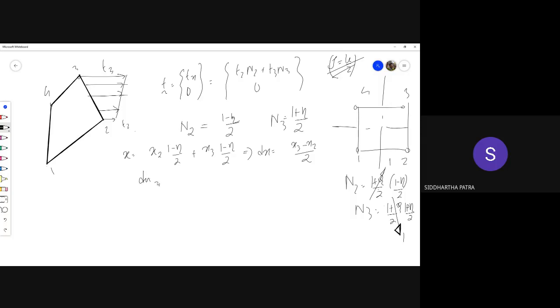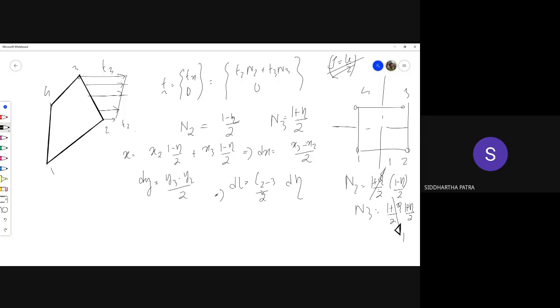Then dy is again (y3 minus y2)/2 d eta. Essentially, dl is going to be, as you can see, L23 by 2 times d eta. And of course, from 2 to 3, eta is increasing, so there is a positive sign.